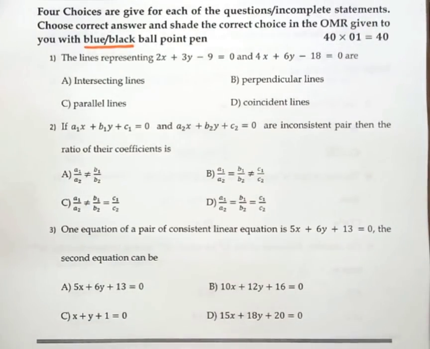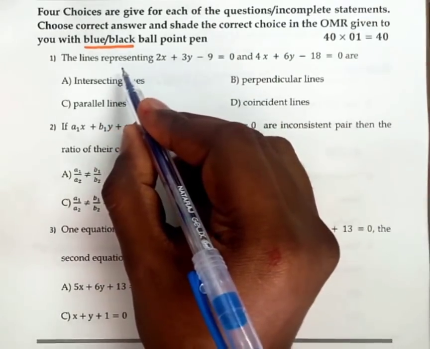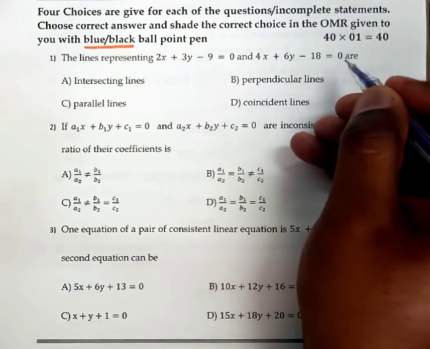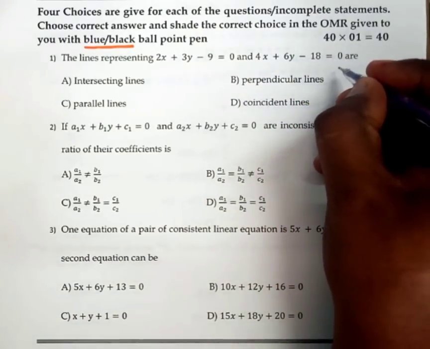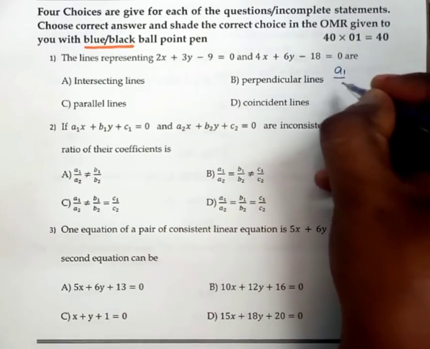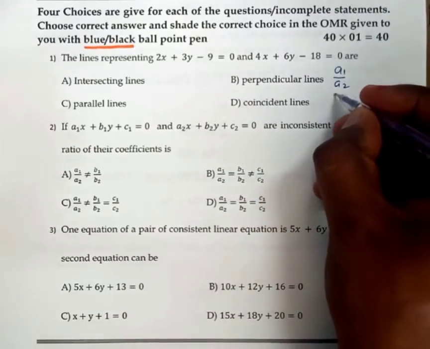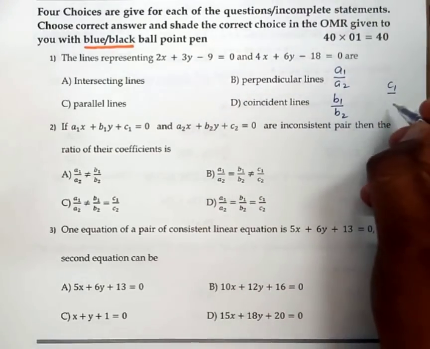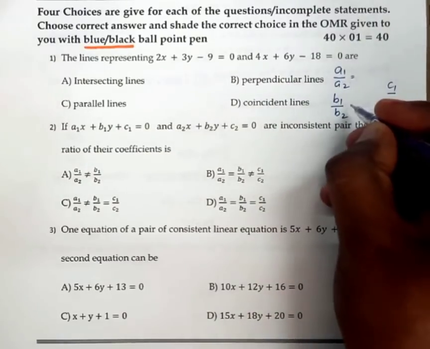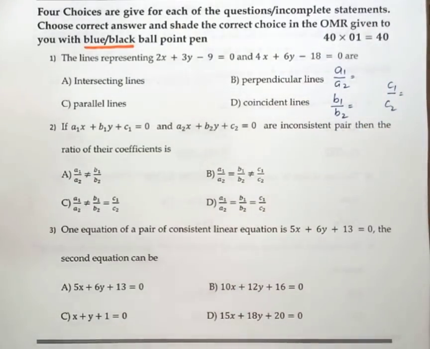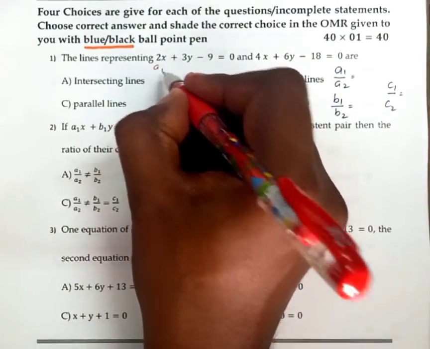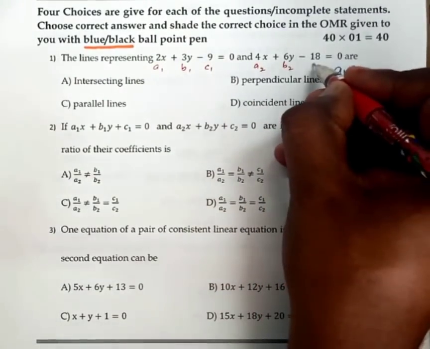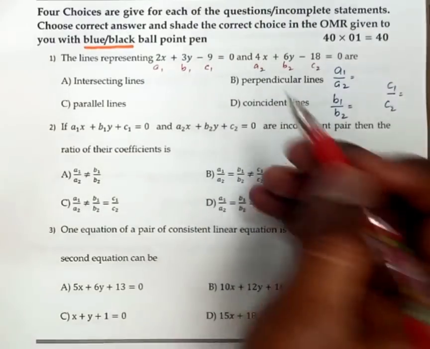Now moving to first question, the lines representing 2x plus 3y minus 9 equals 0 and 4x plus 6y minus 18 equals 0 are. So we need to find out the ratio a1 by a2, b1 by b2 and c1 by c2. a1 is 2, b1 is 3, c1 is minus 9, a2 is 4, b2 is 6, c2 is minus 18.